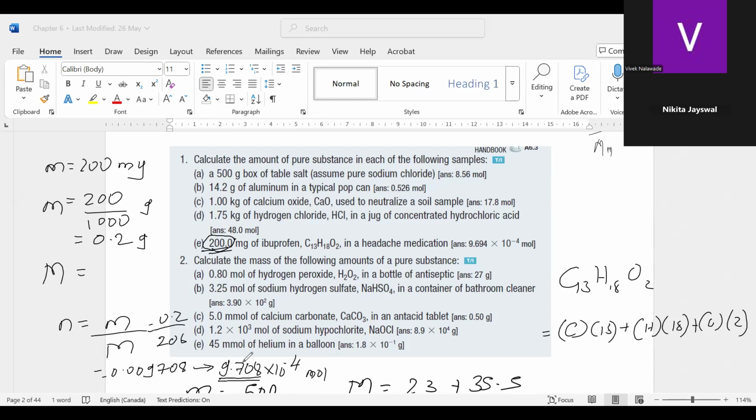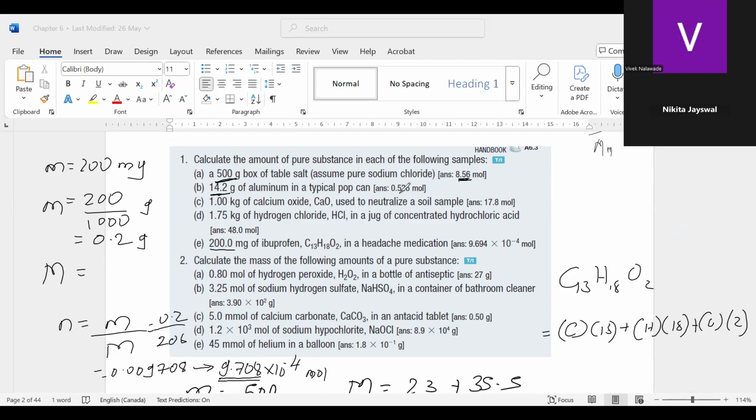Why is it 9.708 times 10 to the minus 4? That is what I'm coming to. Can you see there are three significant figures over here? If the question has four significant figures, then your answer should be in four significant figures. Notice there are three significant figures here, so the answer is in three significant figures.